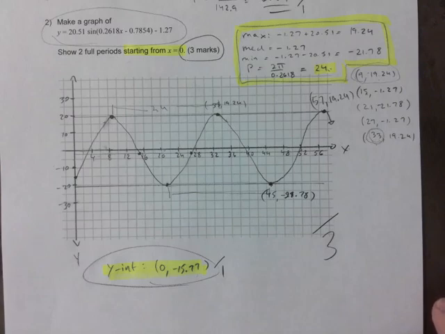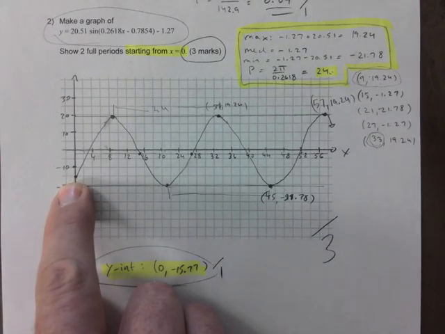Okay. What's the first question on it? 3. 1 for each: 1 for min, 1 for max, 1 for period. And this last one is 3 as well, but one of them being the y-intercept. What if we put the point to the y-intercept or the right? That's fine, as long as it's where it's supposed to be on your graph.